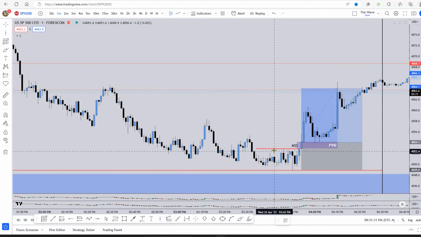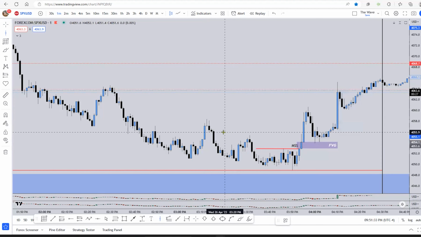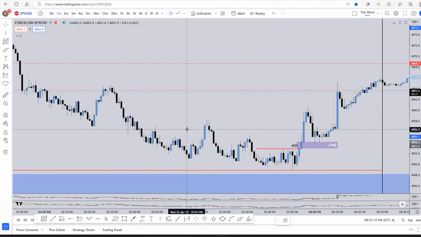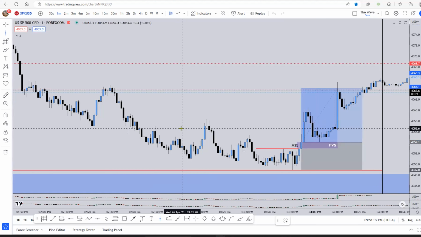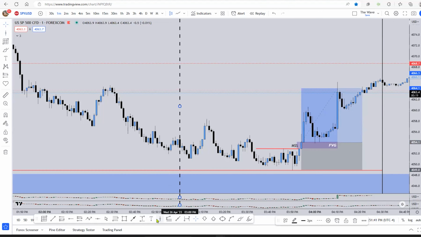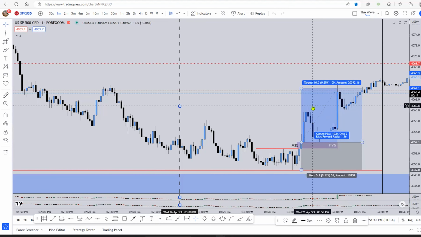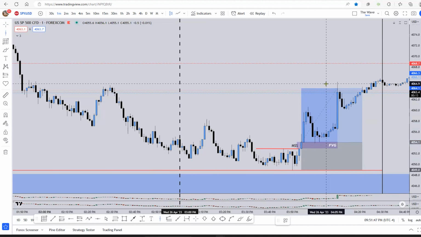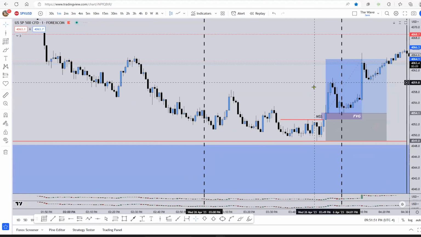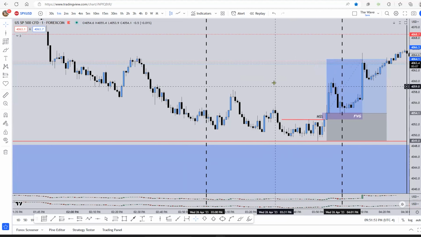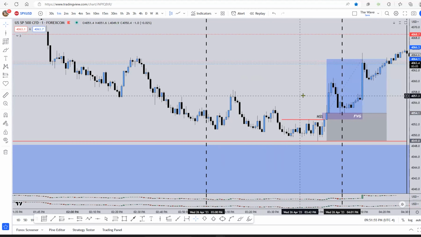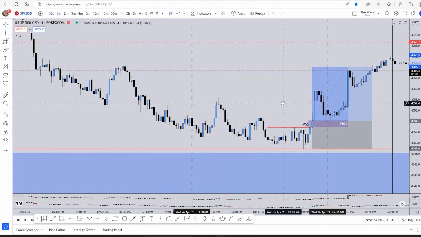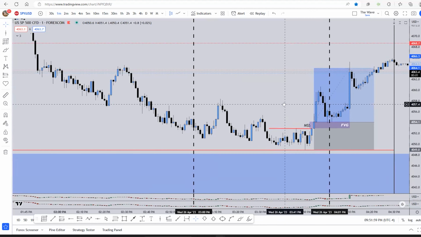The last hour of trading is from 3 to 4. So from 3 to 4, we have a move that happens to end the day.